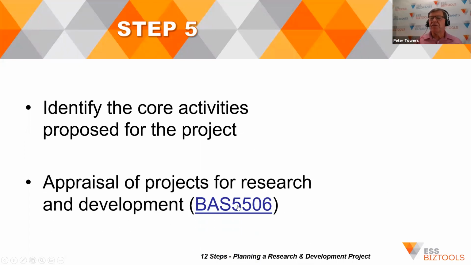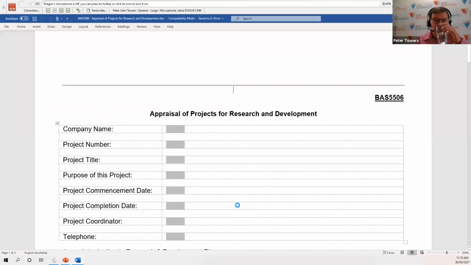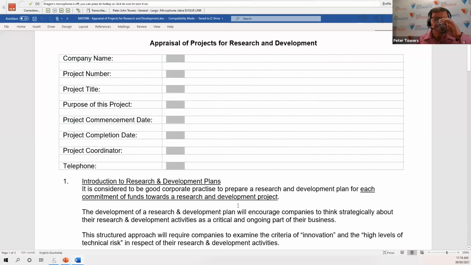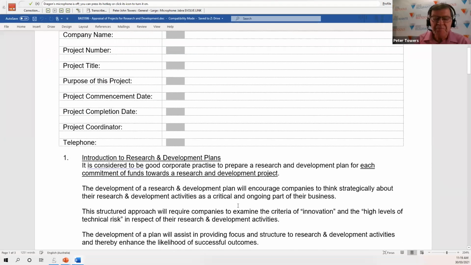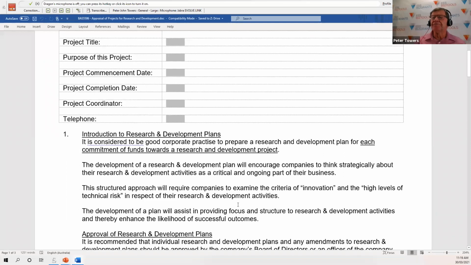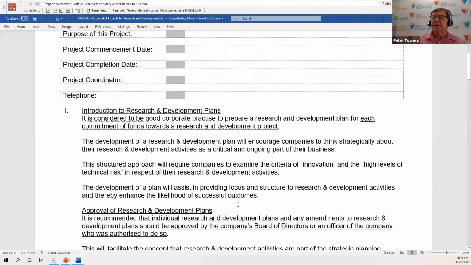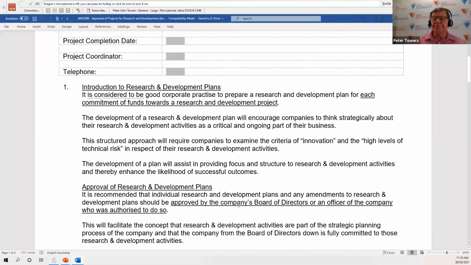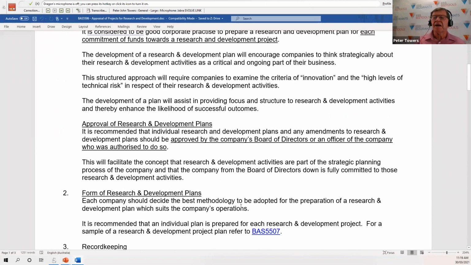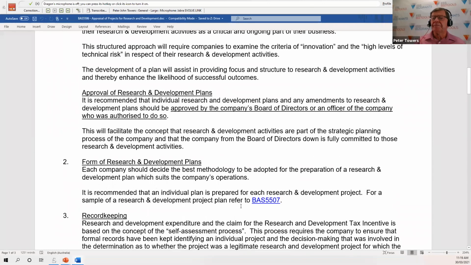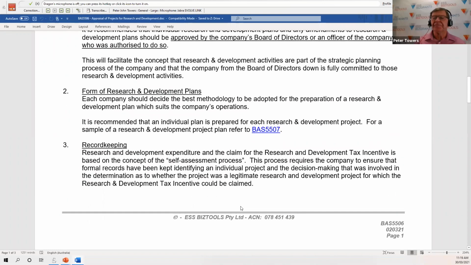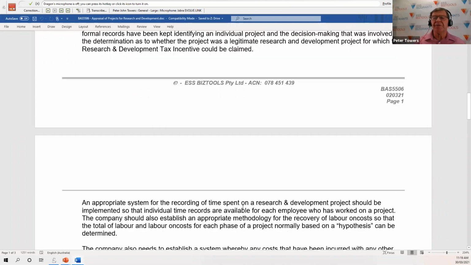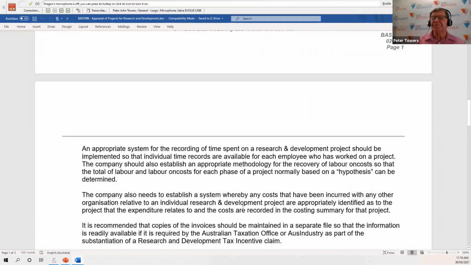So we have a form which will assist in the appraisal for research and development projects. And there's a form that identifies the key basis that has to be incorporated within a research and development system.